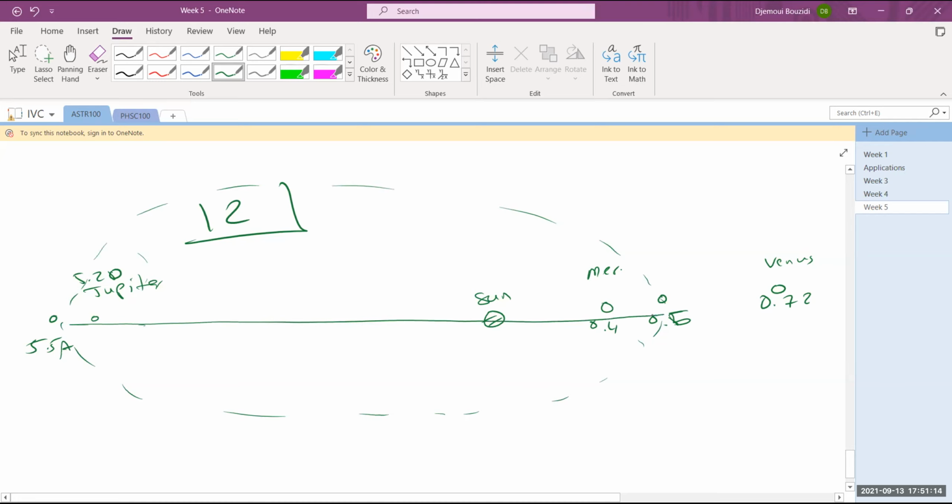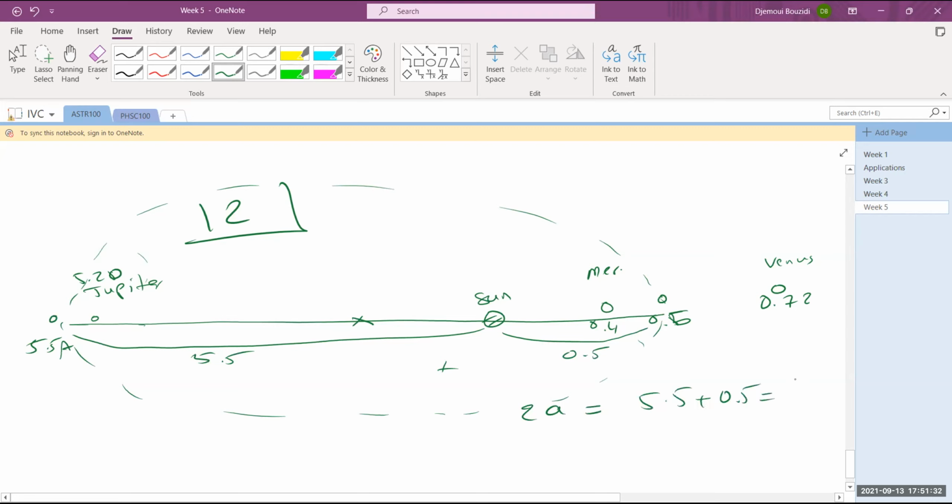This has a major axis, not semi-major axis, this distance, which is 5.5 plus 0.5. That should be 2a. 2a must be 5.5 plus 0.5, which is 6. That means a itself is half of 6, which is 3 AU.